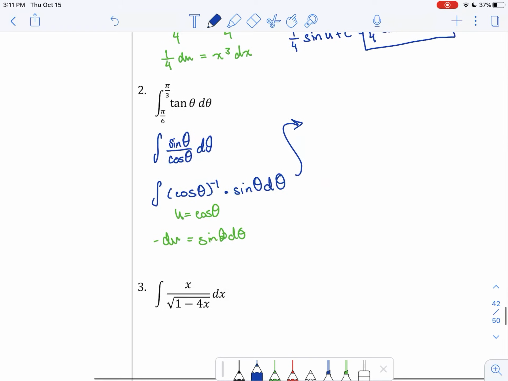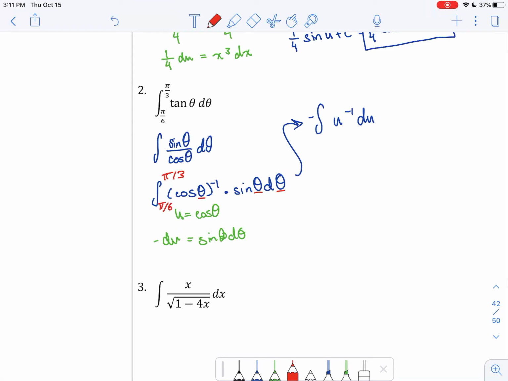And when we integrate, we will end up with the integral of u to the negative first du with a negative as the coefficient. Now, one thing you've noticed is I haven't added the bounds. That's because the bounds are also changed. So these are the bounds in terms of theta, pi over 3 and pi over 6.